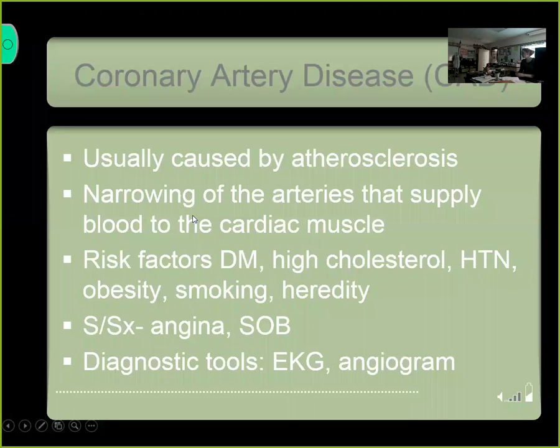All right, coronary artery disease. So coronary we know means heart. So heart artery disease. It's all these arteries around the heart that are diseased. Usually this is caused by atherosclerosis.